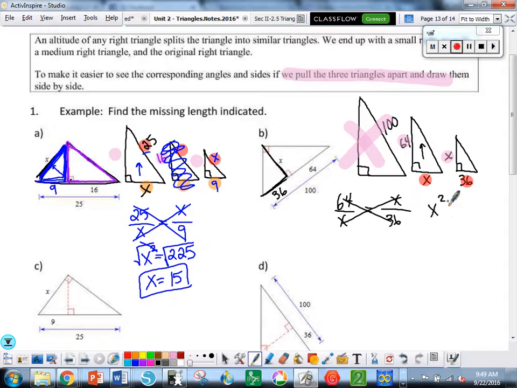X squared equals what? Big number? 4. How do I cancel a square? Square root. X equals 48. Good.